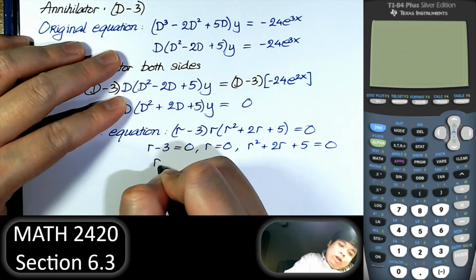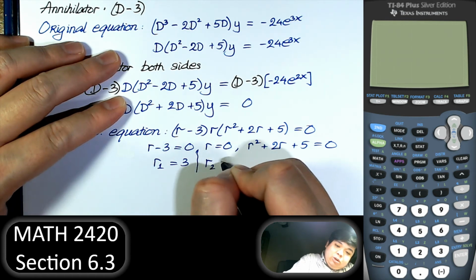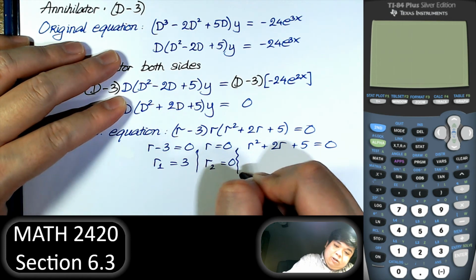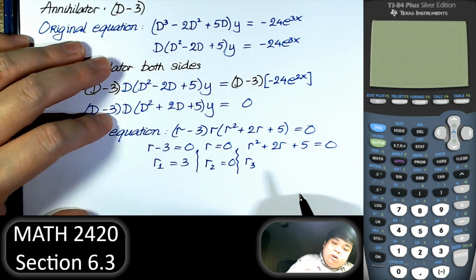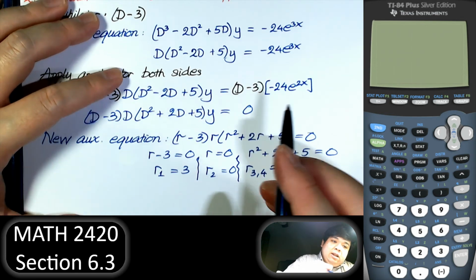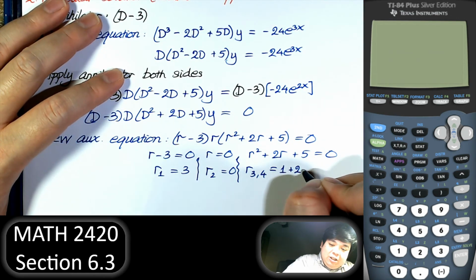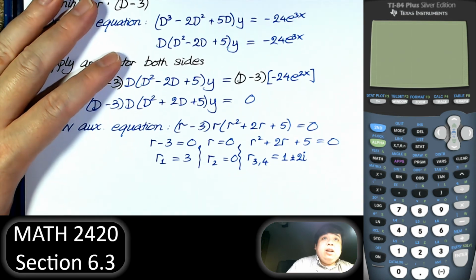So from this one we have R1 is equal to 3. R2 is equal to 0. R3 and 4 is negative 1 plus or minus 2i. We already did that earlier.